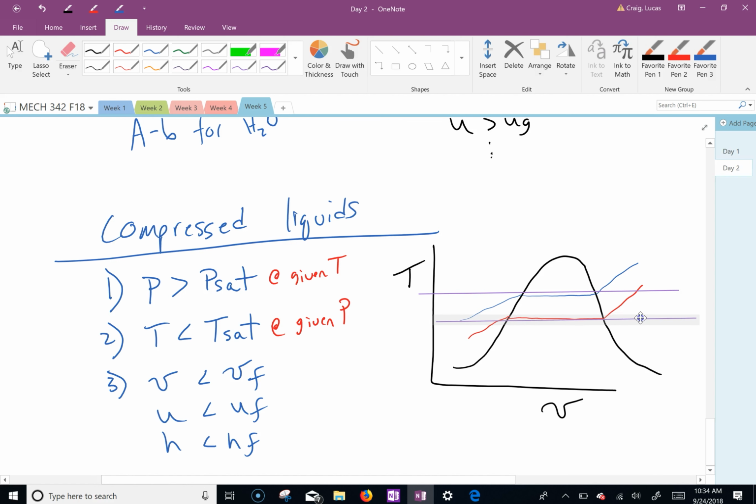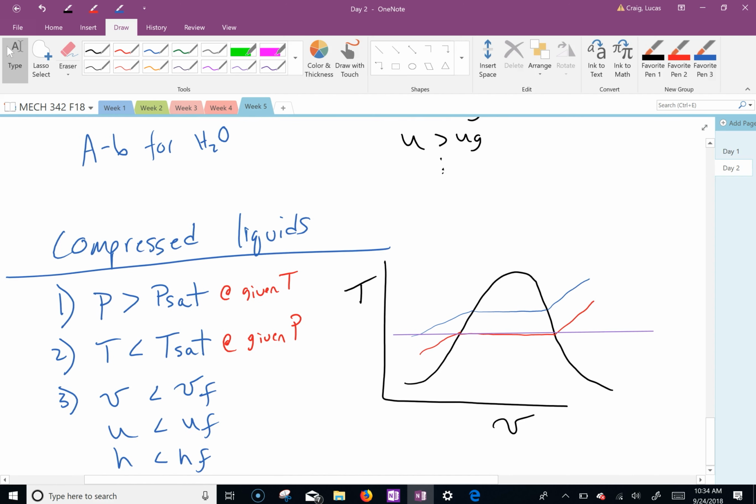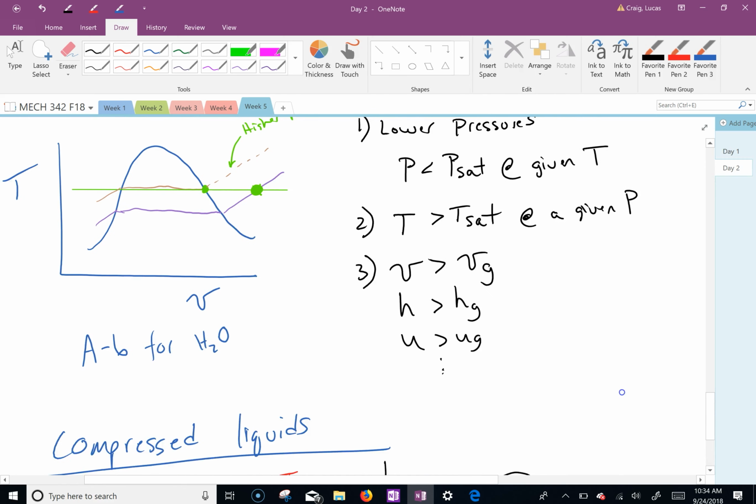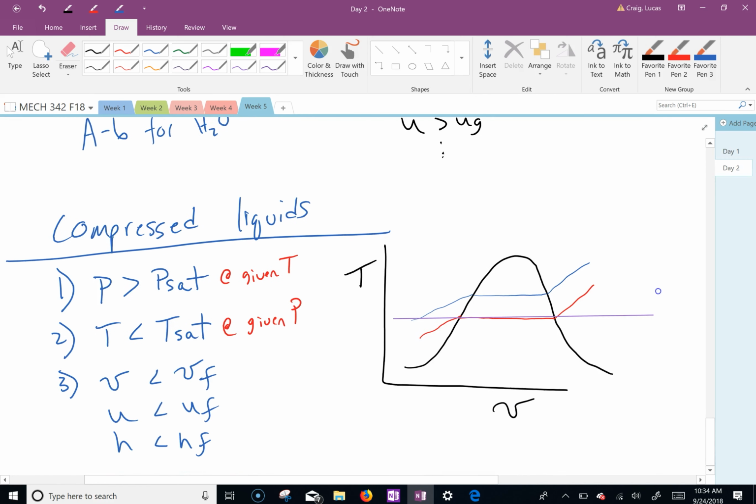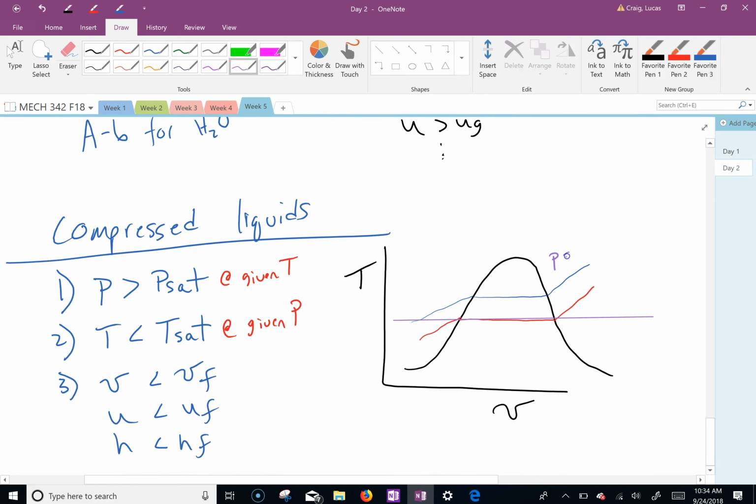So at a given temperature, right here, so let's just look at this. What's that look like? And would we say the top one has a higher pressure? So let's just pick 10 megapascals, and this one is 1 megapascal.